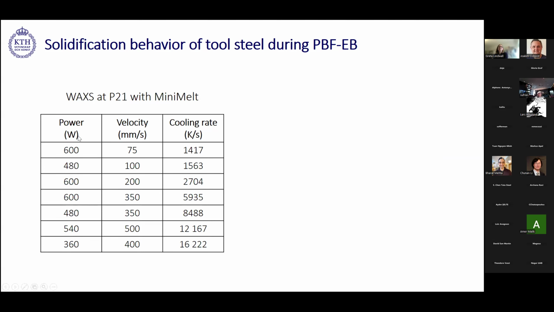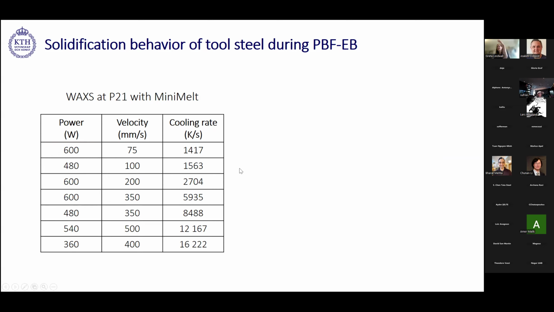So from these different electron beam parameters, we will get varying cooling rates. So we use that then.